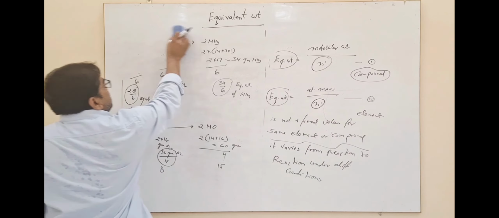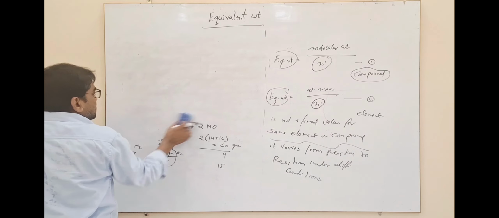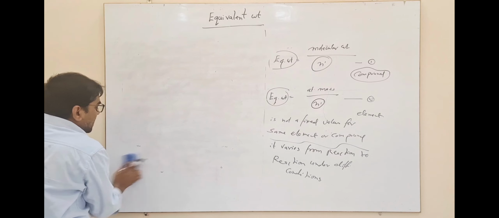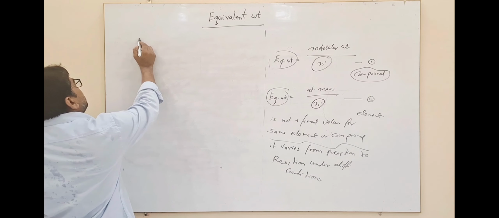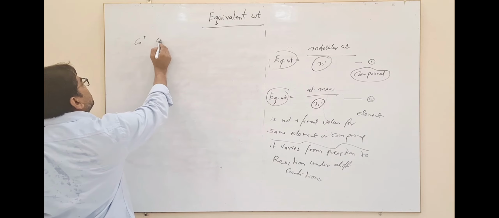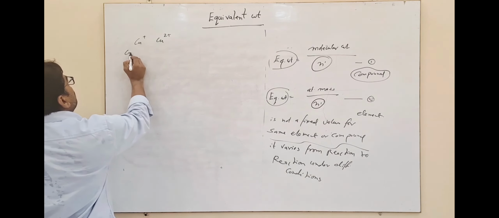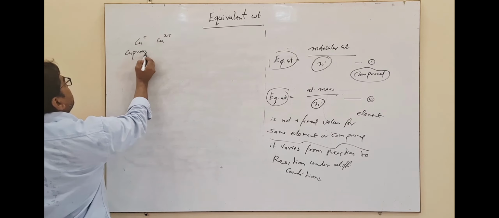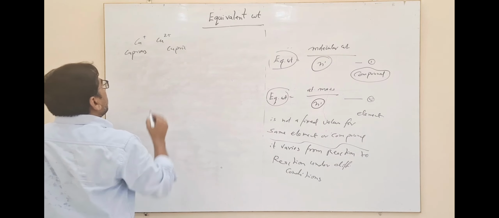Now we will discuss how equivalent weight changes in the case of elements. We know copper exists in Cu+ form and Cu2+ form. The Cu+ form is called cuprous, and the 2+ is called cupric form.